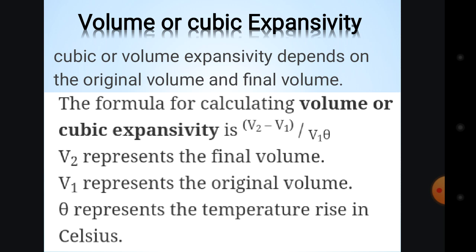If it is volume or cube, it is dependent on that volume. Or if it is the linear, then it is dependent on the length only. So the temperature is in degree Celsius for all of them.